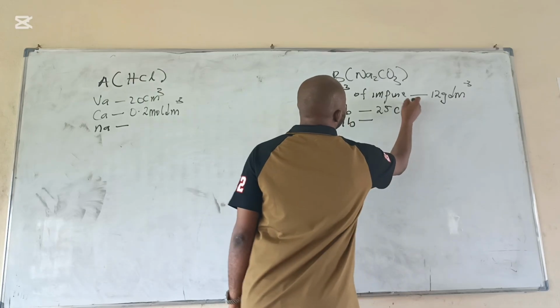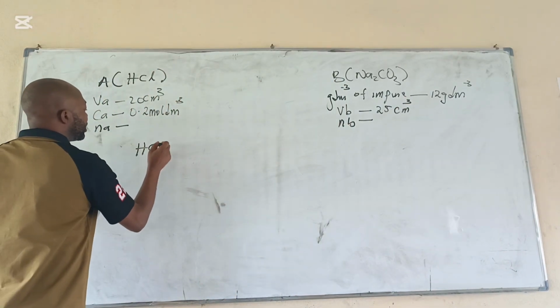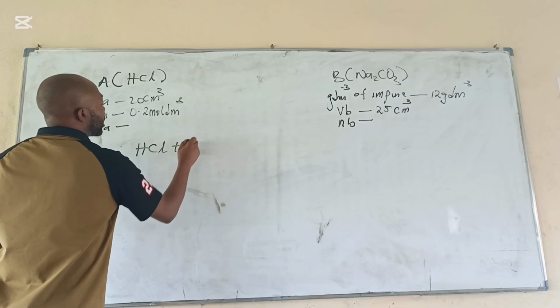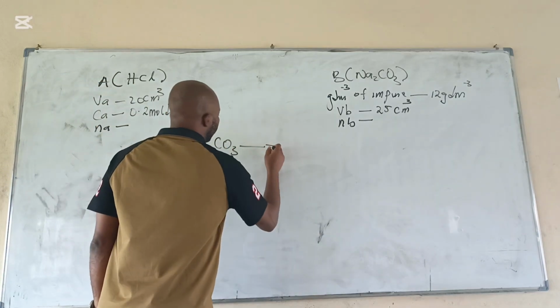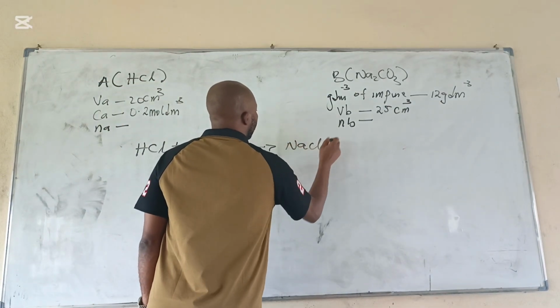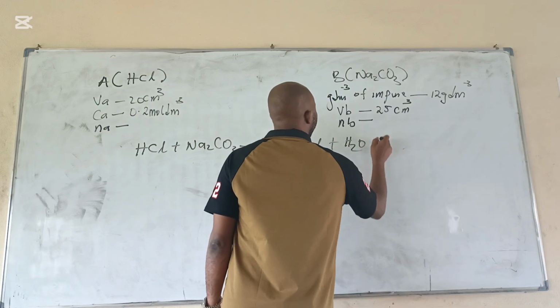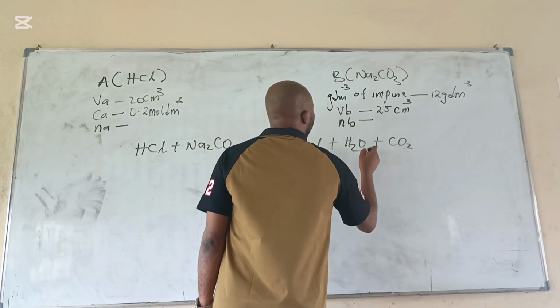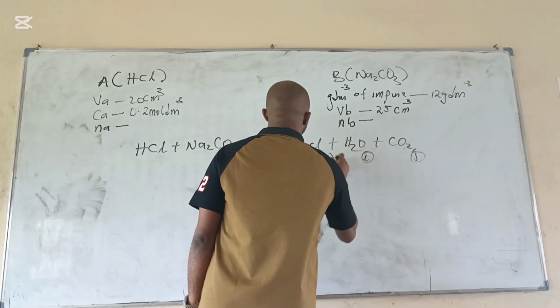We can only get that when we balance our equation. We have our HCl plus Na2CO3, which gives us sodium chloride plus water plus CO2. Although this is liquid, this is gas, this is aqueous.